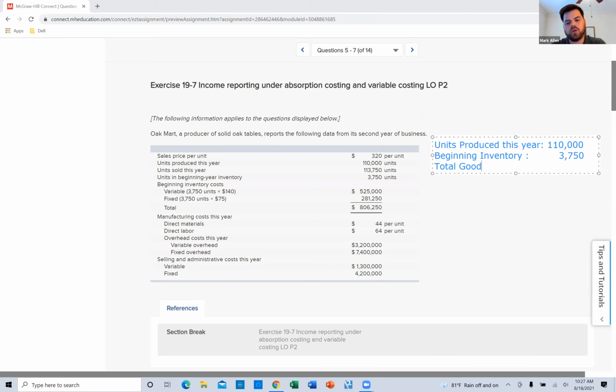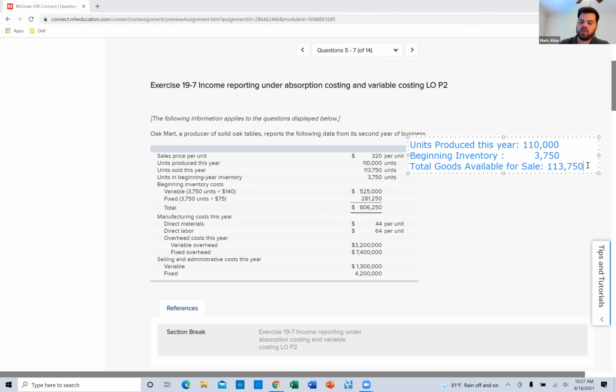This is total goods available for sale, and this is 113,750. Then, of course, we back out the goods sold. And what we find is that we actually sold 113,750 units. So ending inventory in units is 0. So we've got no units left.